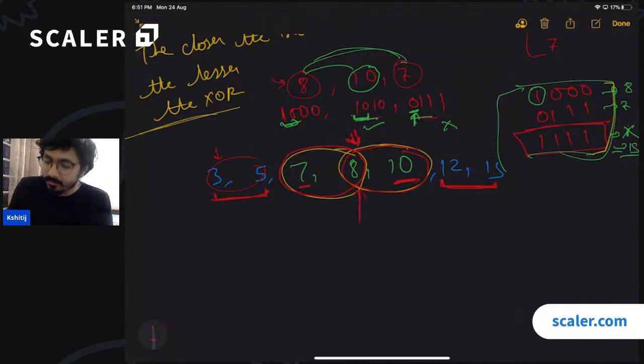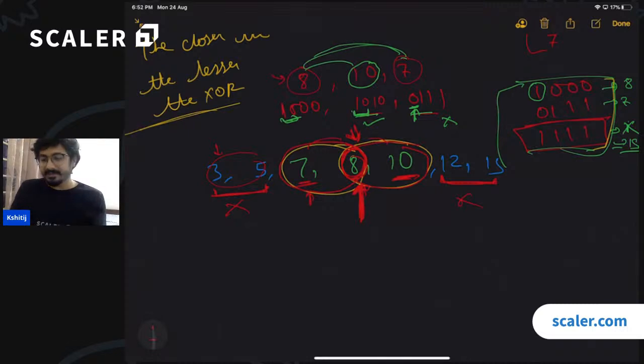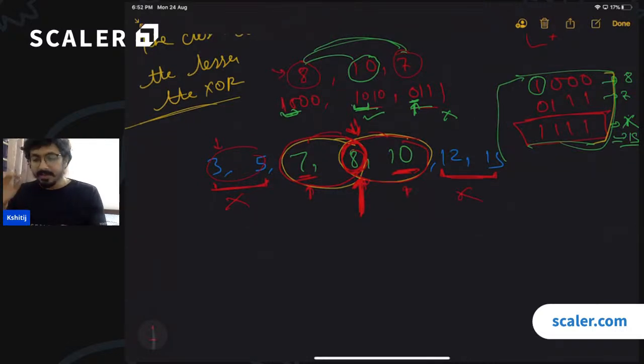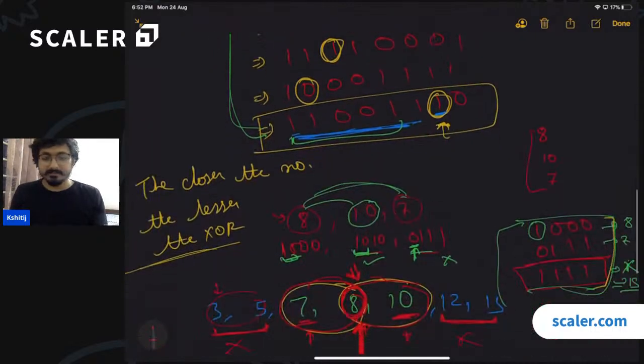Because the minimum XOR which you are going to get involving 8 is going to come either from 7 or from 10. It will not come from these numbers. Why? Because these two are the closest to 8. This one is the closest on the left hand side, this one is the closest on the right hand side. And we have seen that to get the minimum XOR, we want all the digits on the left hand side similar to the given number, right? Is it clear now?